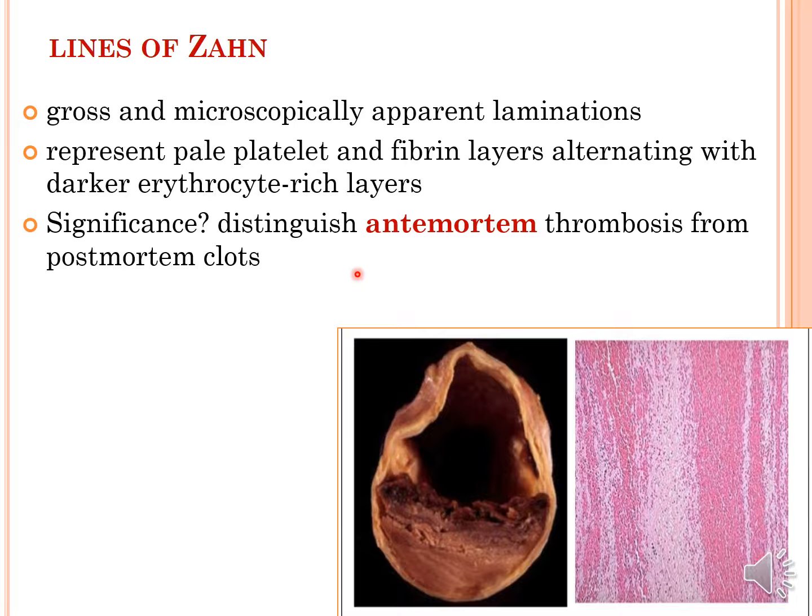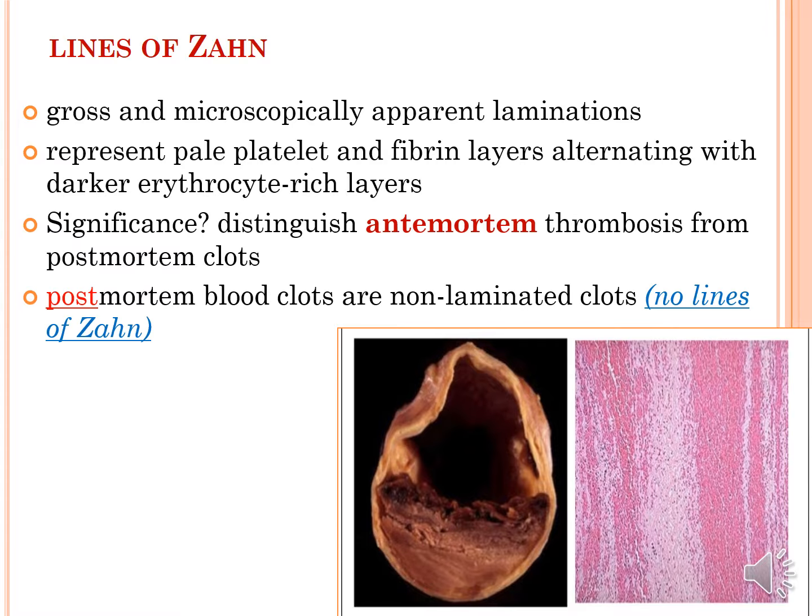This can sometimes be very significant regarding determination of the cause of death and whether the blood clots that are found in the cadaver are formed during life or just some gravity effect that led to blood clot formation after death. Post-mortem blood clots are non-laminated and they do not contain lines of Zahn.